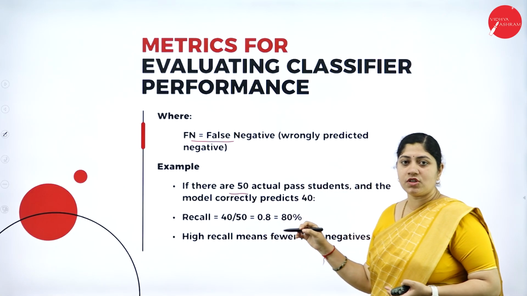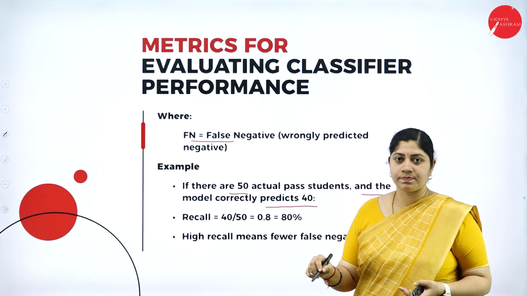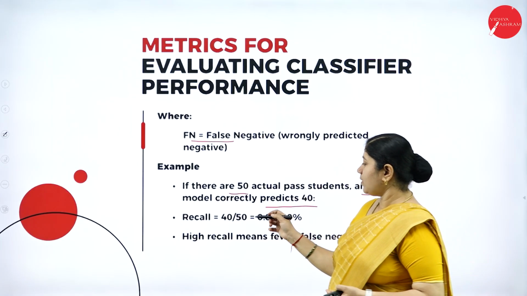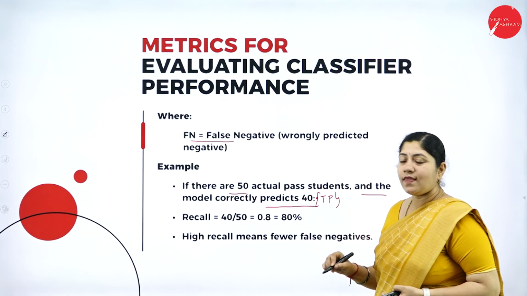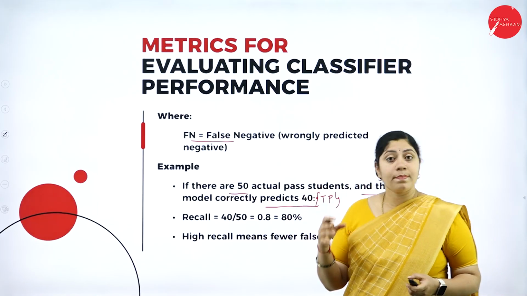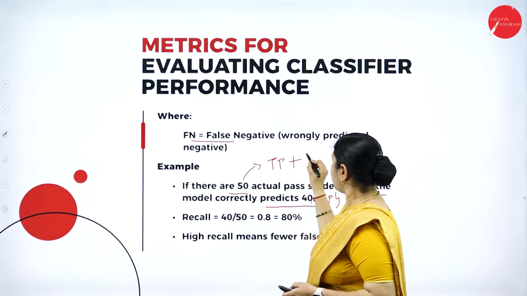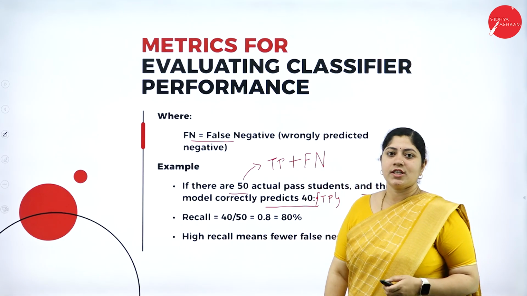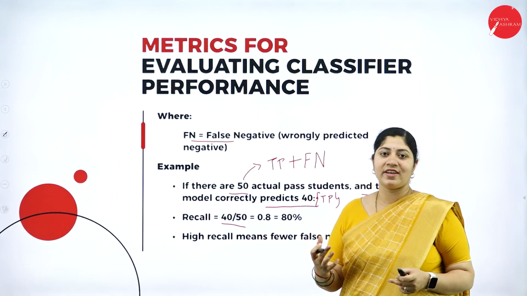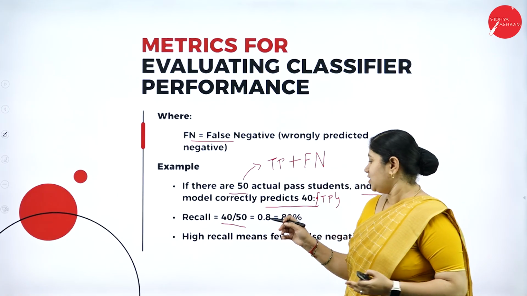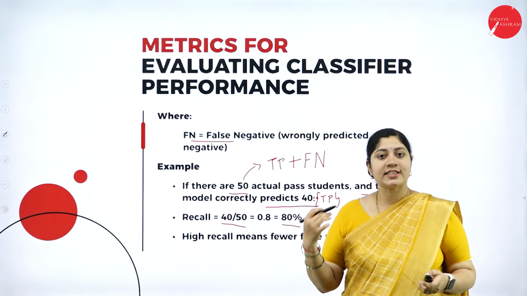If there are 50 actual pass students and the model correctly predicts 40 of them, this is considered as true positive and the 50 are considered as true positive plus false negative, isn't it? So let's put the formula: 40 by 50, and it gives us again an answer of 0.8, which is 80%, which says that there are very low false negatives.